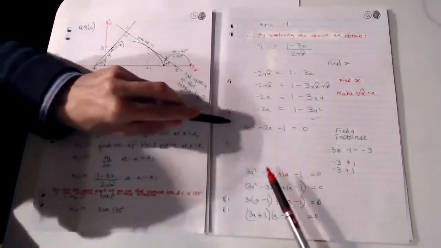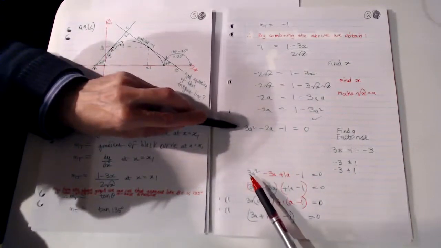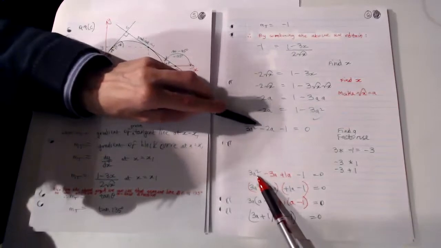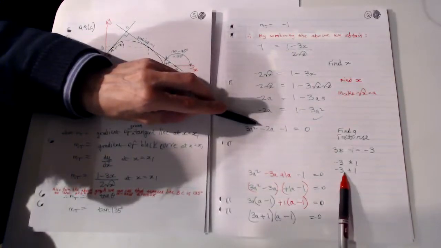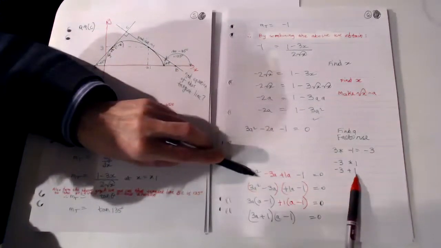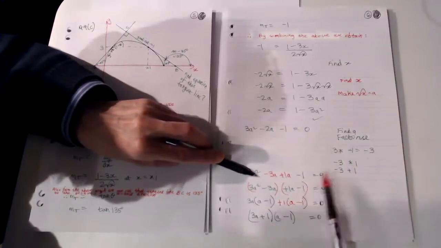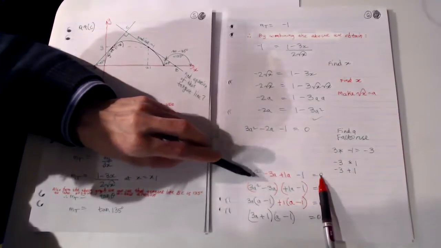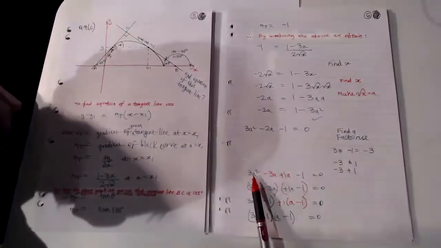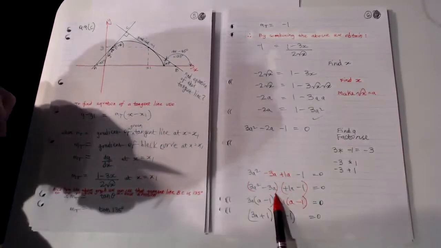So therefore, you say 3a squared, that negative 2a gets replaced with negative 3a plus 1a minus 1, and that's equal to 0. Then because we got 4 terms, we can perhaps factorize it by grouping it 2 and 2.